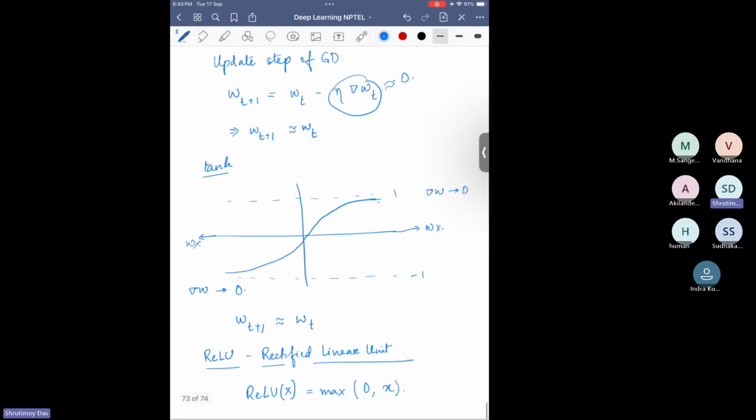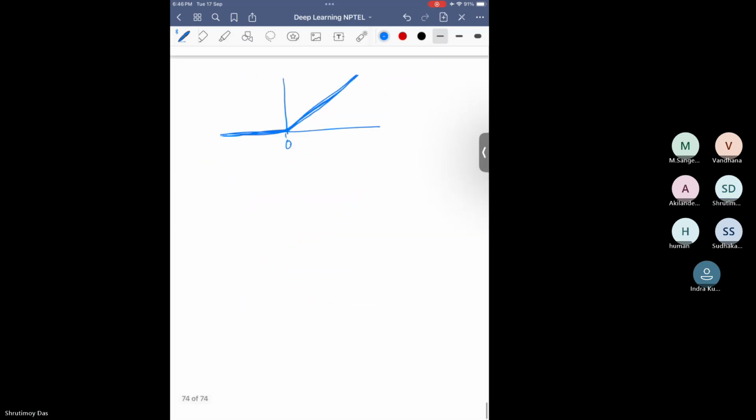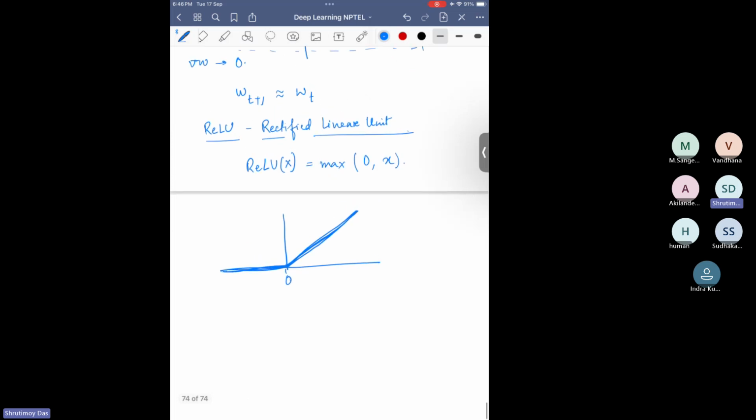If Wx was very large for tanh or sigmoid, we had this problem of vanishing gradient, like the gradient goes to 0. But now we don't have this problem. If say Wx in this case is 1000, what will be the gradient at that step? Can anyone type it?